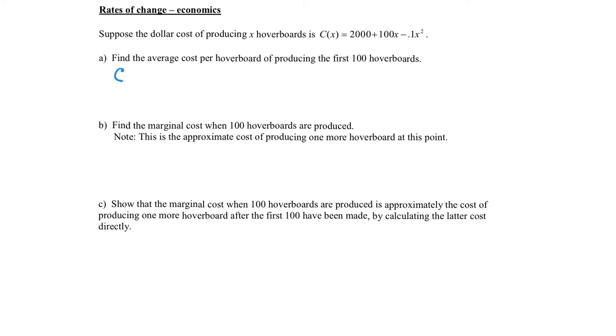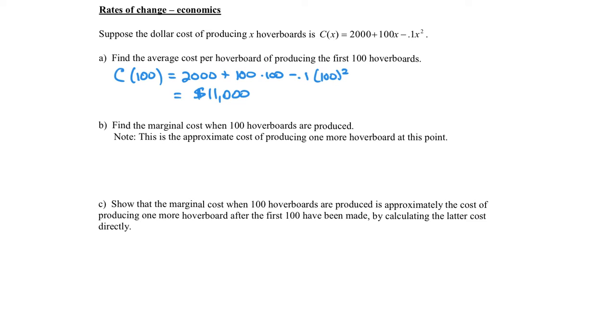So we have C of 100, which would be equal to 2,000 plus 100 times 100 minus 0.1 times 100 squared. So if we go through the arithmetic here and do the math, we'll get $11,000.